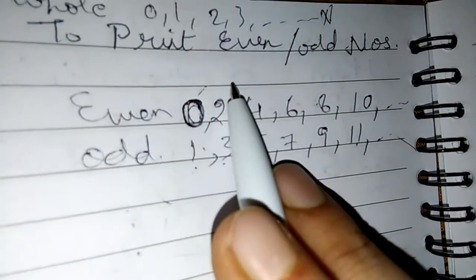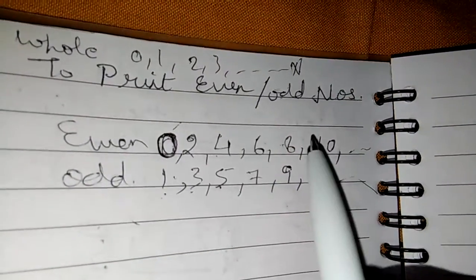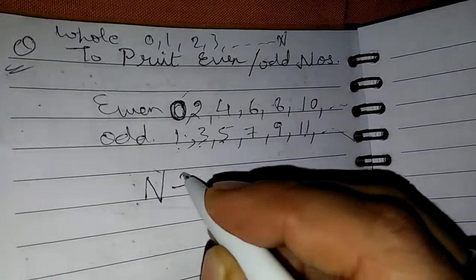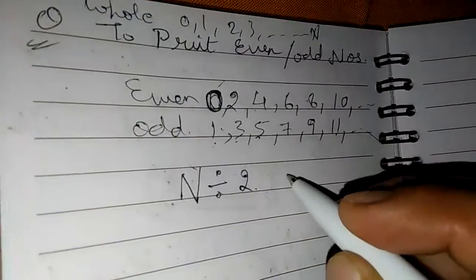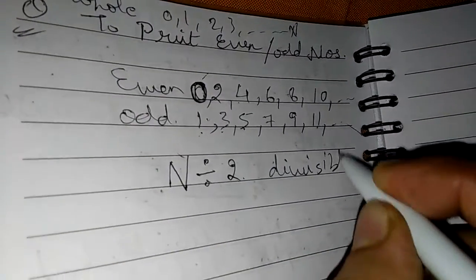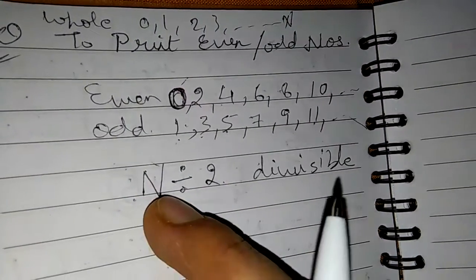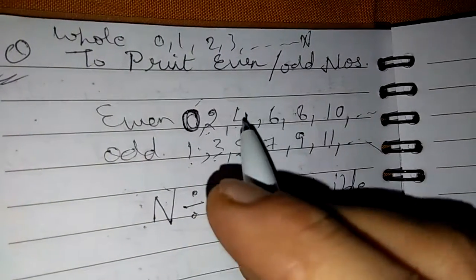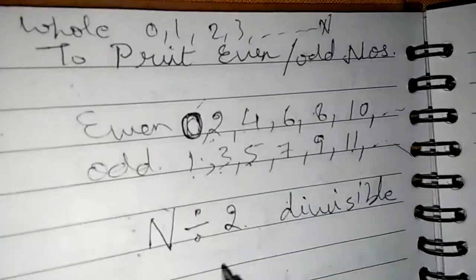We can also say that if any number n is fully divisible by 2, then it is an even number. You can see that 2 is divisible by 2, 4 is divisible by 2, 6, 8, 10 and so on.